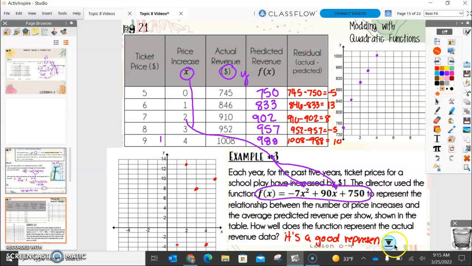So that means the producer should use this model to predict his revenue. Even though it's not exactly on, those residuals being split up and down along the x-axis, some positive, some negative, would be a good fit for that equation.